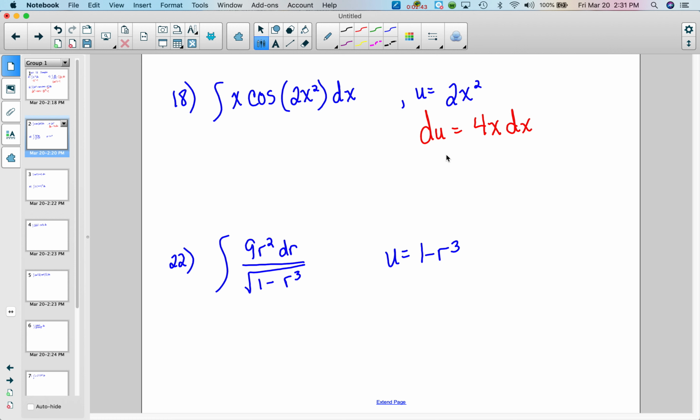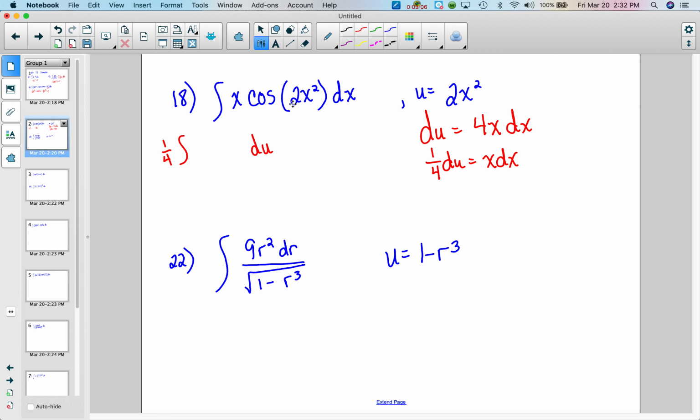So we're going to divide by 4, so I get 1/4 du equals x dx. So now I have it set up to make my substitution. Instead of an x dx, I'm going to have a 1/4 du. If you want, you can put the 1/4 out front.